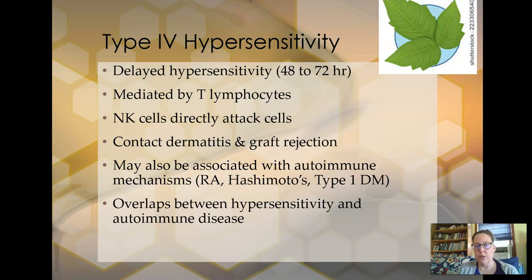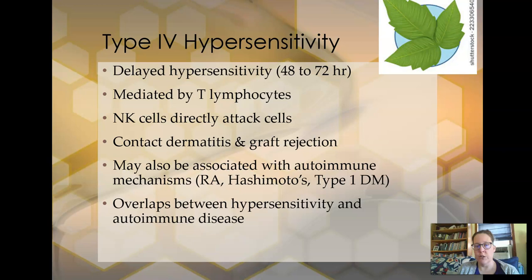And so that is a delayed hypersensitivity reaction. And then a graft reaction in a transplant. A lot of times those are delayed hypersensitivity reactions. They are reacting to the alloantigens there, and it takes a little bit, but then it's going to start destroying that graft, that transplant.